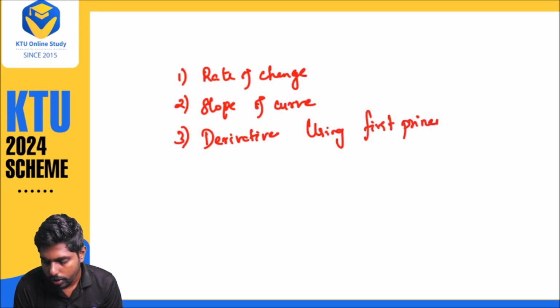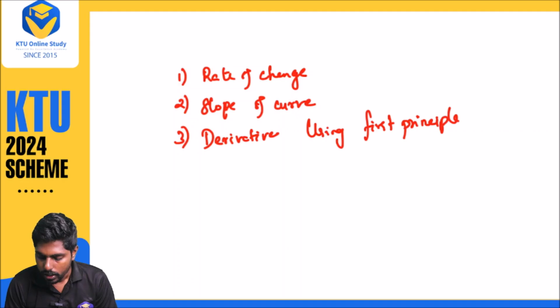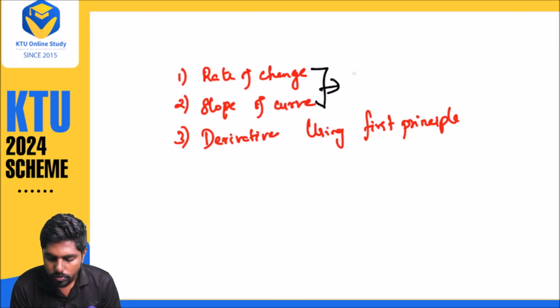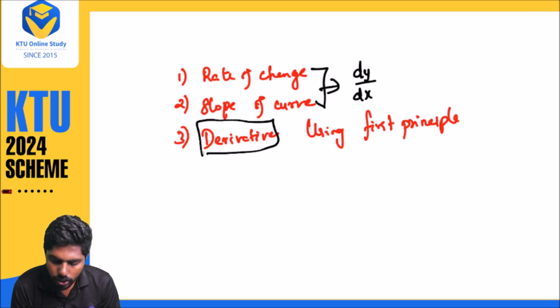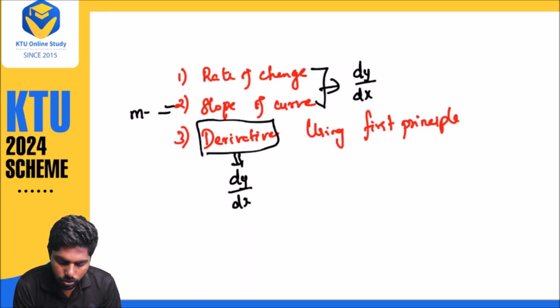What is the formula for the first two? That is nothing but dy by dx. If they are asking only derivatives, its formula is dy by dx. Slope of the curve means m is equal to dy by dx.